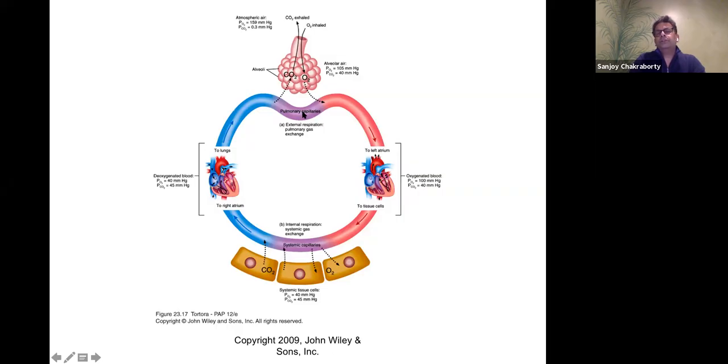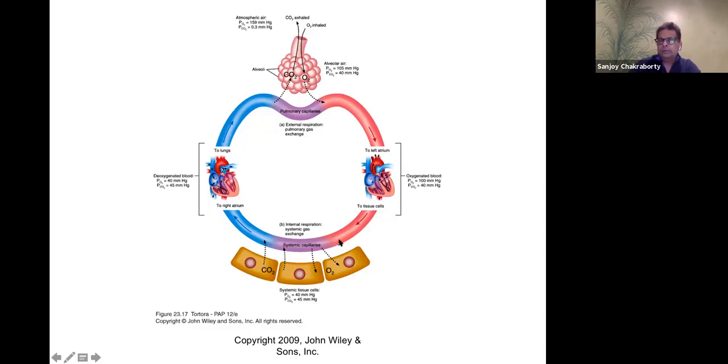So oxygen pressure is 40 here, and 105 here. The rest is pretty easy, because we know that diffusion takes place from high to low pressure. So oxygen will go from here to the capillaries, and then go through your body.